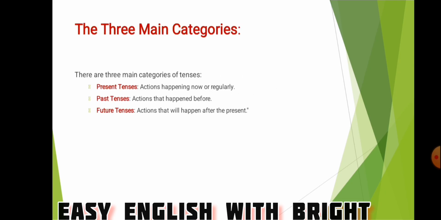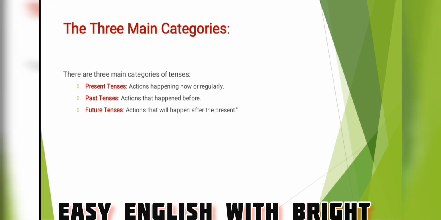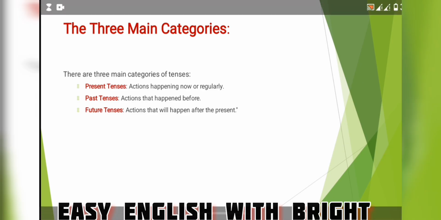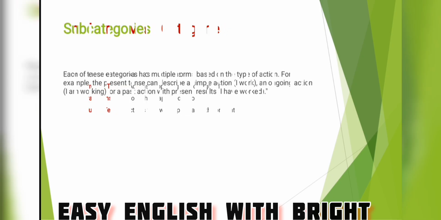In English, we have three main categories: present tense, action happening now; past tense, action that happened before; future tense, action that will happen after the present.